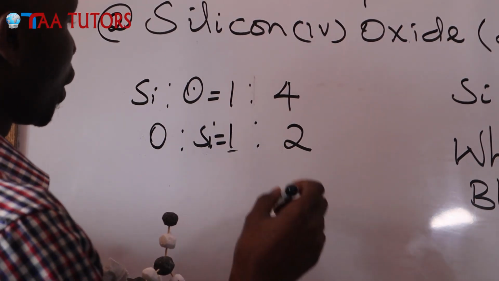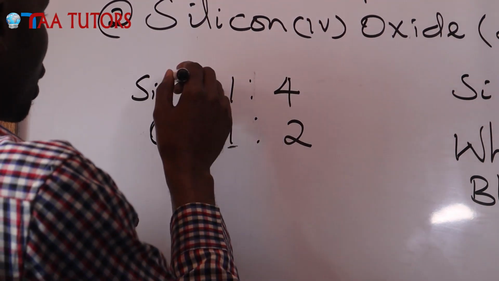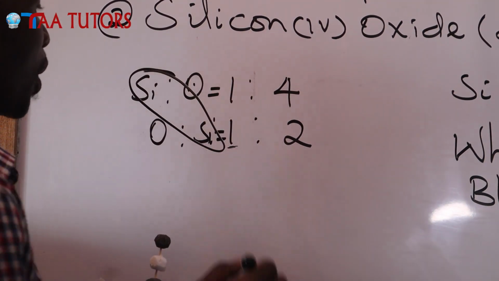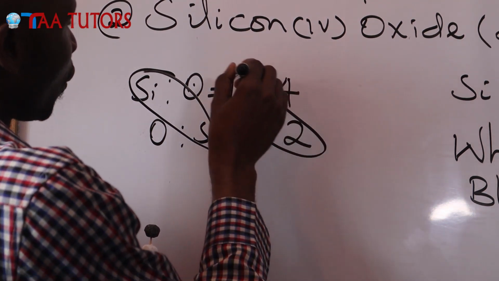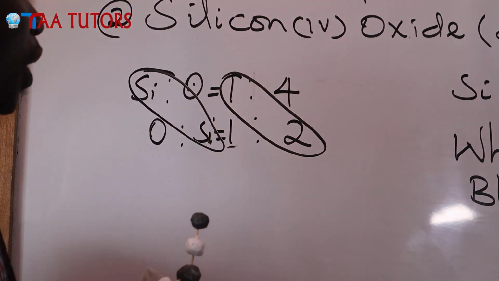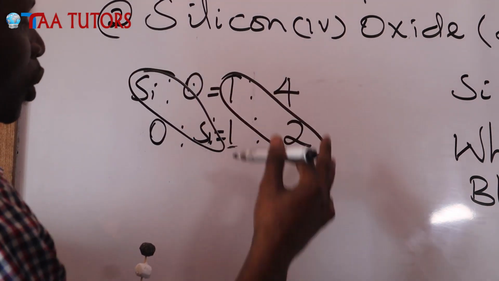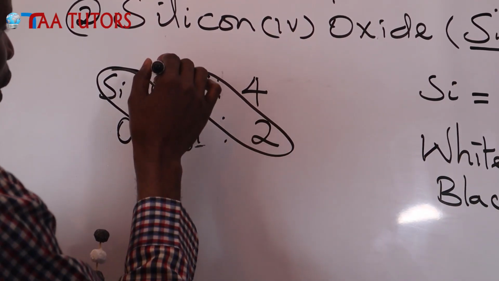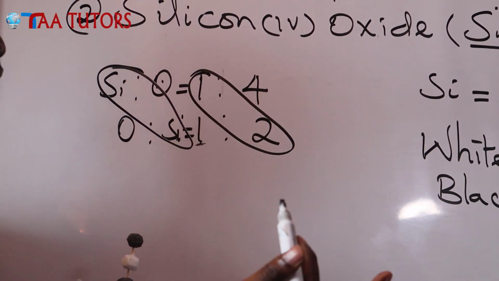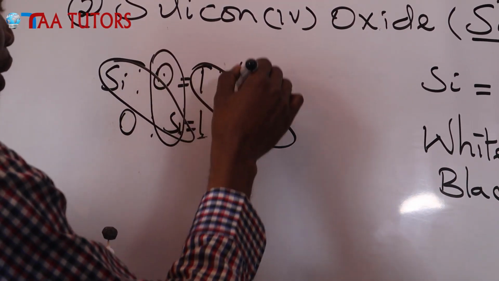So if this is what we have here, this one must be the same. How do we make these ratios the same? We know that this 1 here will not make us see anything. But what about if we take this one here and this one here?